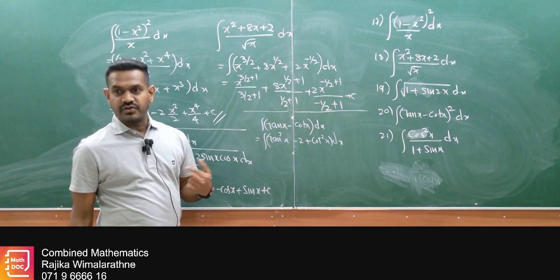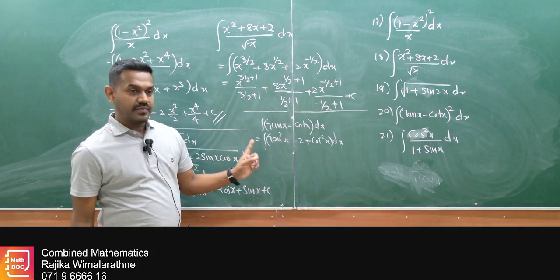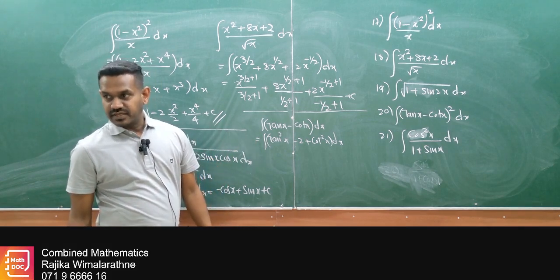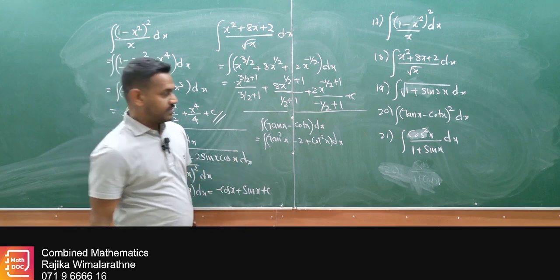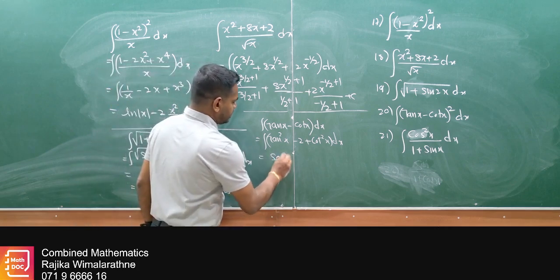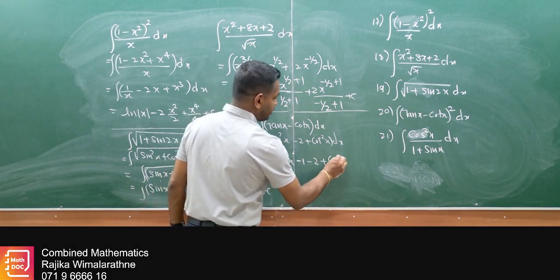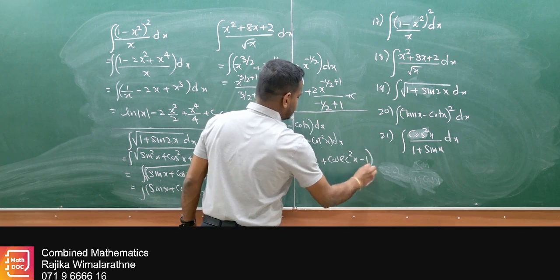We know how to integrate sec squared. Then by trigonometry, you write tan squared in terms of sec: tan squared equals sec squared minus 1. So sec squared x minus 1 minus 2, plus cot squared, which is cosec squared x minus 1.